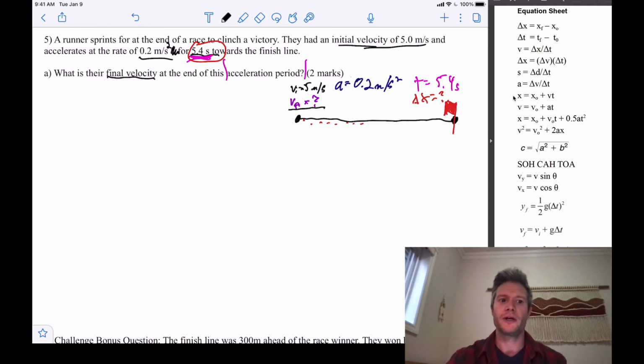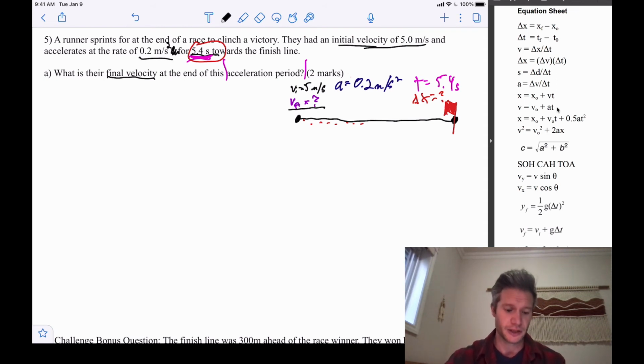We could move this x over here by subtracting initial displacement from both sides. However, we don't have that information, and it's not the unknown we're looking for, right? So this is telling us we have two pieces of information that we don't know for this equation, so it's gone. We're going to get rid of it. Not going to use that one.